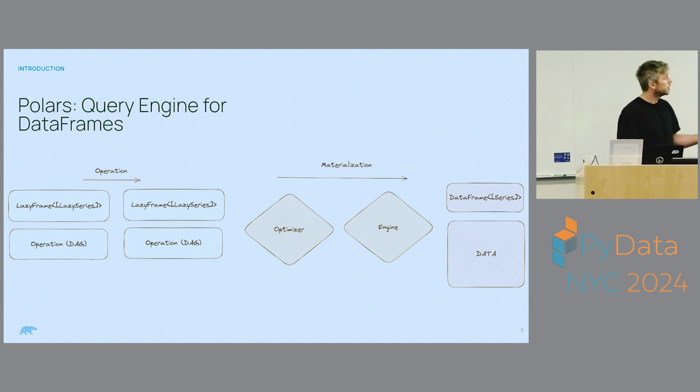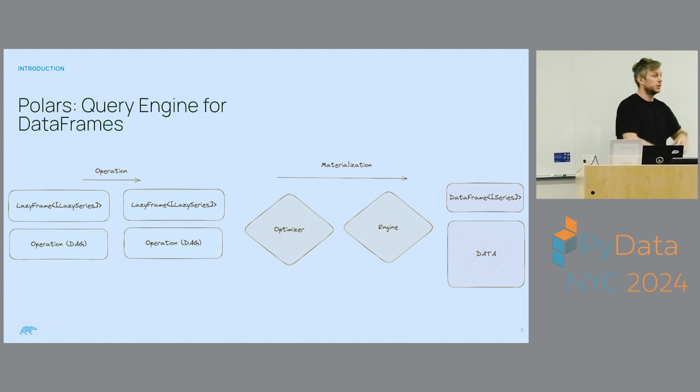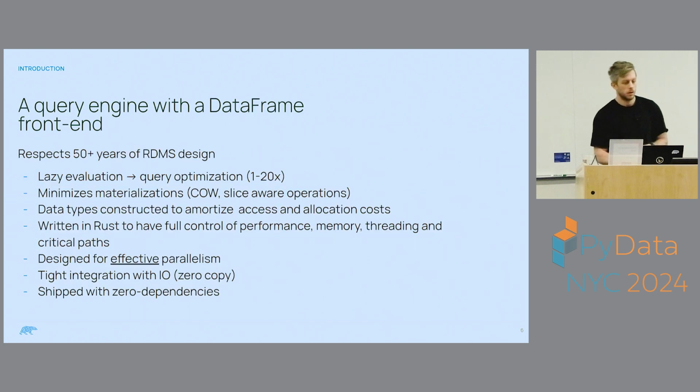The engine will load the data from the source, do the operations, and then we will get a data frame, an in-memory data structure. And then rinse and repeat. You can then use this data frame again to start a set of operations. But we like to think way more on the DAG, on the optimization, or on the total structure, and not only on the data frame and the operations you can apply on those.